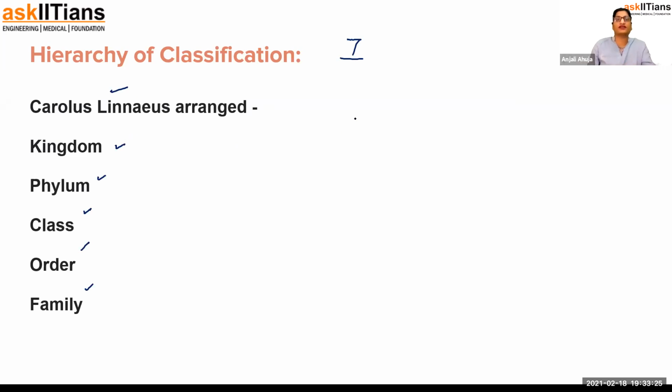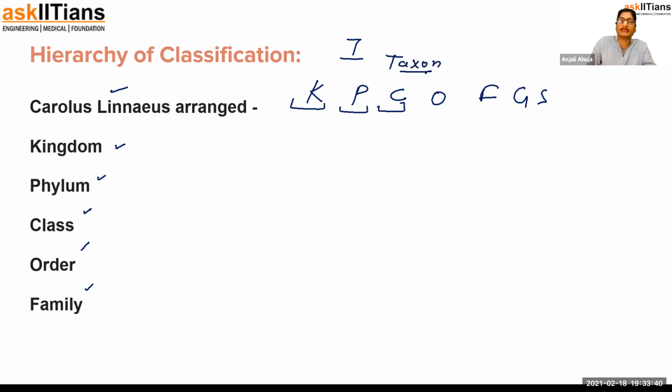Talking further, each of the categories is known as a taxon. Taxa is the plural, taxon. Taxon means one category. I'm saying kingdom taxon, phylum taxon. So one category is one taxon. Are you getting my point? One category of the hierarchical classification is known as a taxon. I'm saying second taxon means the phylum, third taxon means the class, and so on.